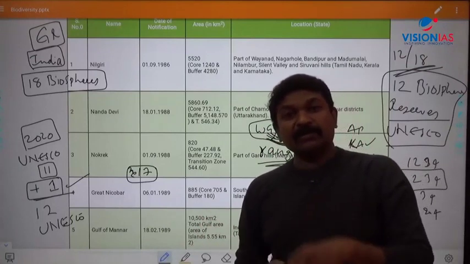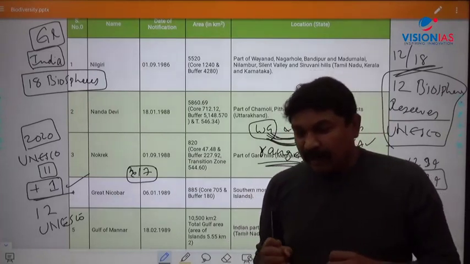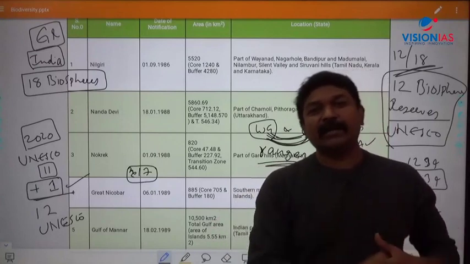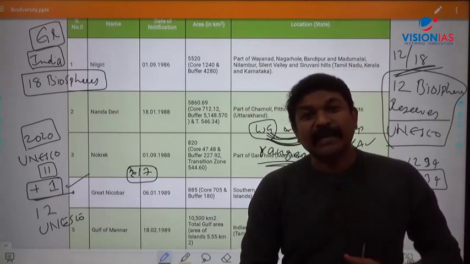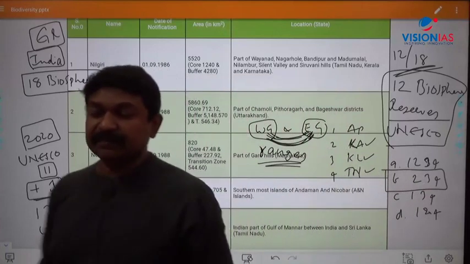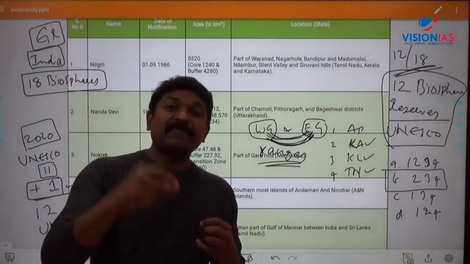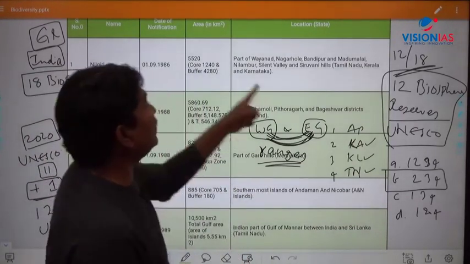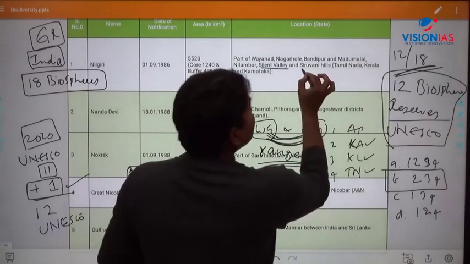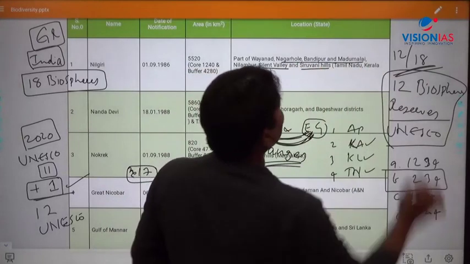Now after 2017, the question was asked like this: Eastern Ghats and Western Ghats are meeting in the Nilgiri mountains. In which part specifically? Eastern Ghats and Western Ghats are meeting in which of the following areas of Nilgiris? And they have given Silent Valley, Siruvani Hills, Nagarhole, Bandipur and Mudumalai region.